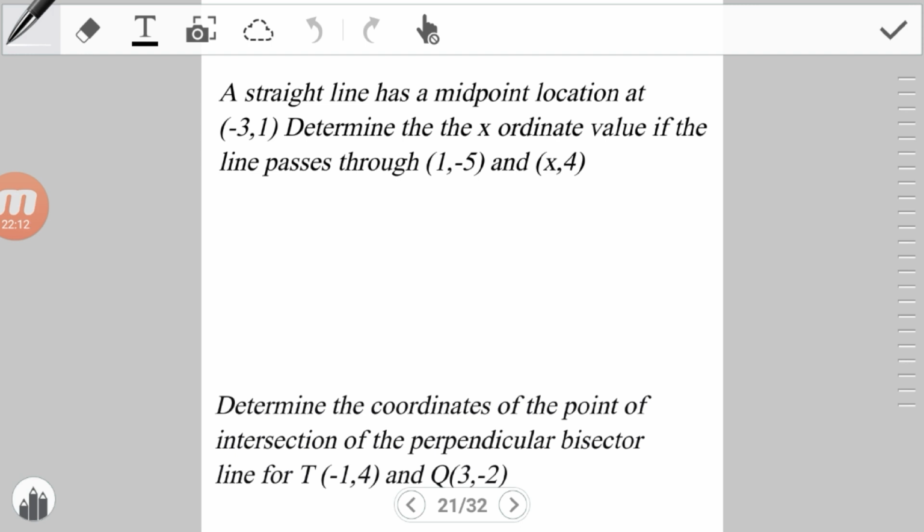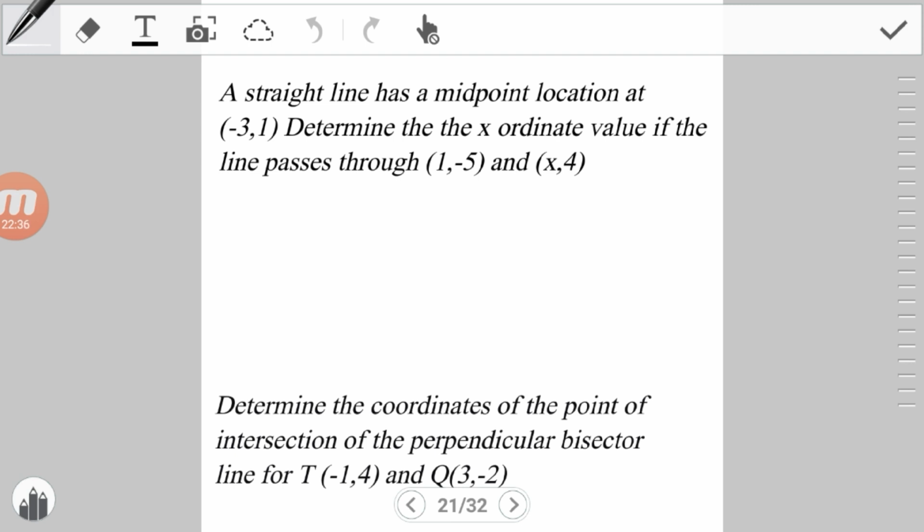All right, now I want you guys to pay very close attention to how I go ahead and approach this question. All right, so a straight line has a midpoint location of -3, 1. We are to determine the x-ordinate value if the line passes through 1, negative 5 and x, 4.